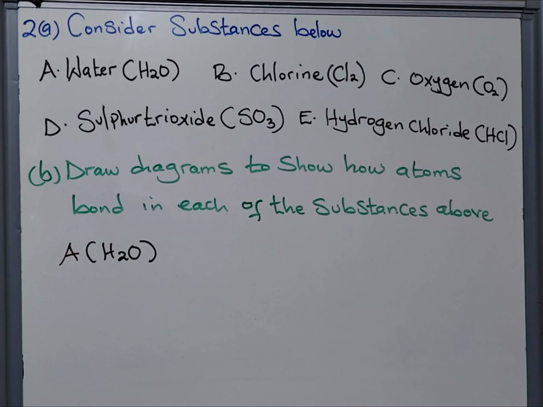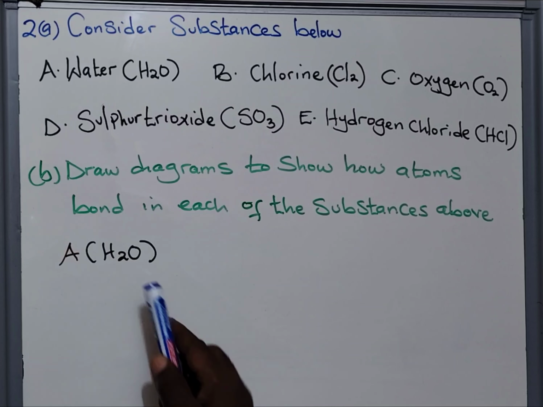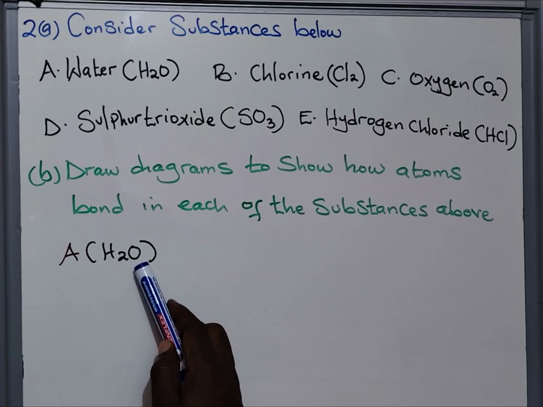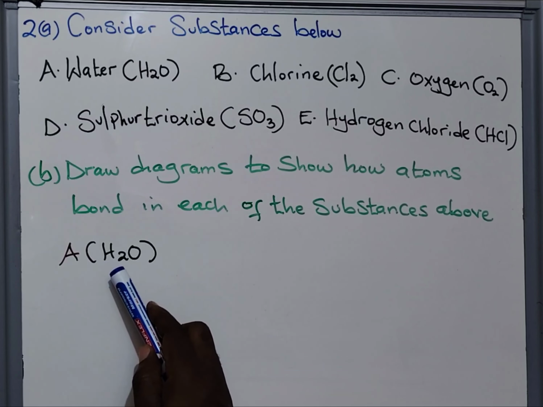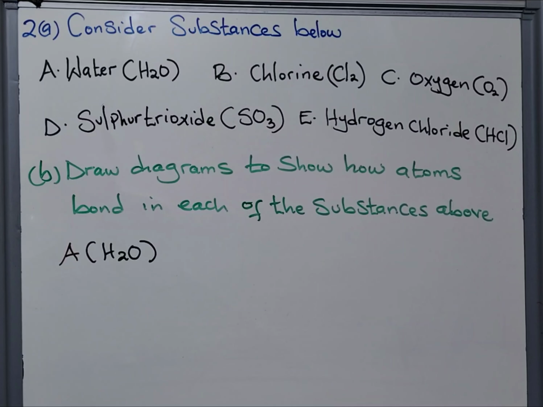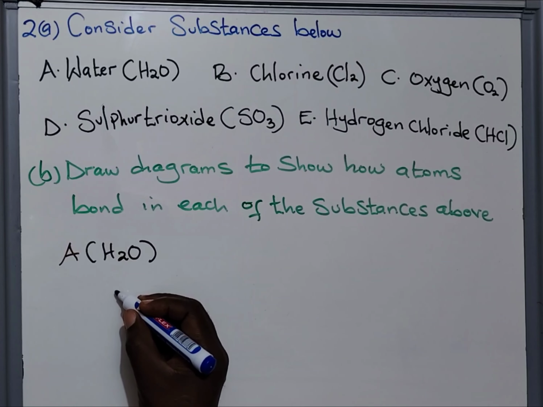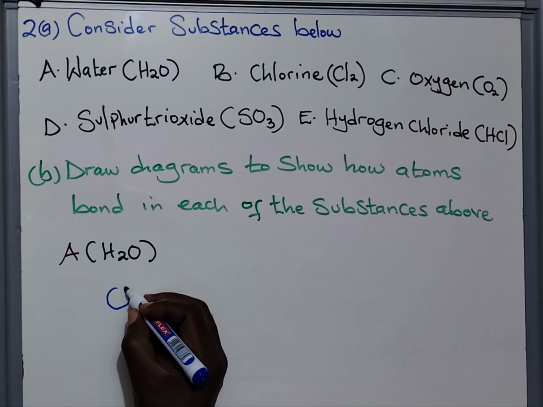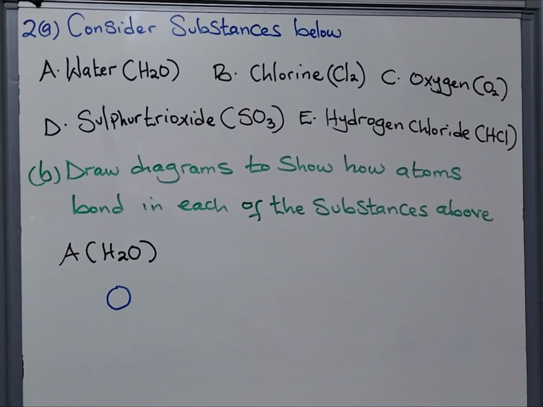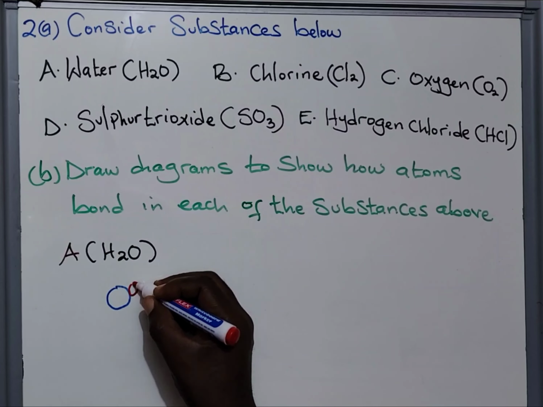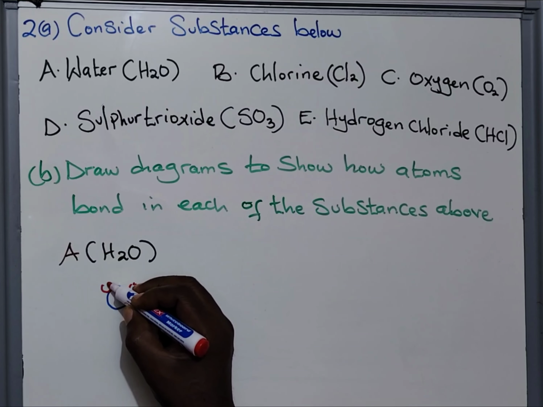And what does that imply? It means that it has oxygen with the two hydrogens attached. So if we represent this as our oxygen, then we can put our attachment as that and that.